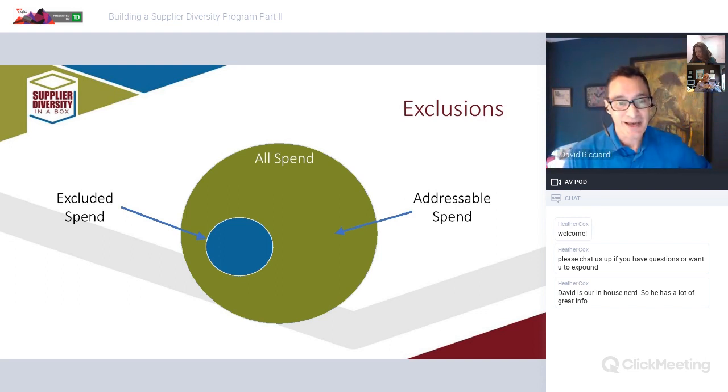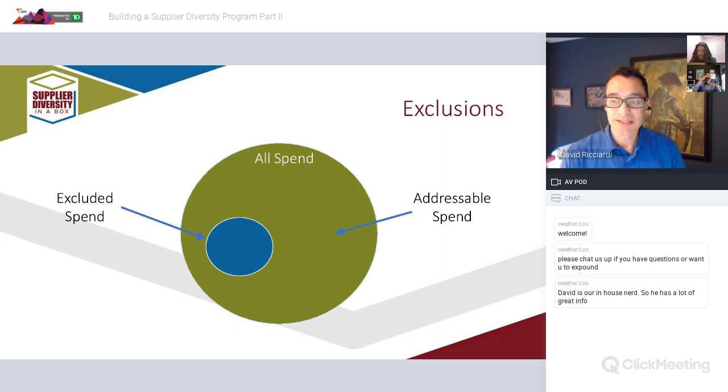Addressable spend, we have a very simple diagram over here. If you're dealing with all the spend we've got, you're always going to exclude portions of your spend, and that will give you the addressable spend. If you think back to what we were just looking at where we did the division, that 50 million, we're not going to use all 50 million in the denominator. We're only going to use our addressable spend.